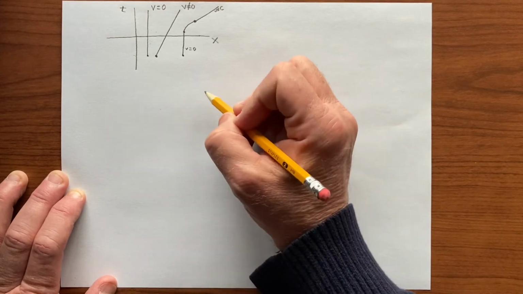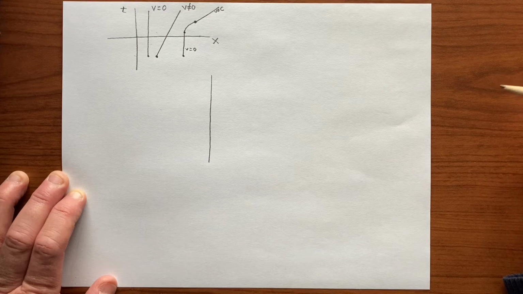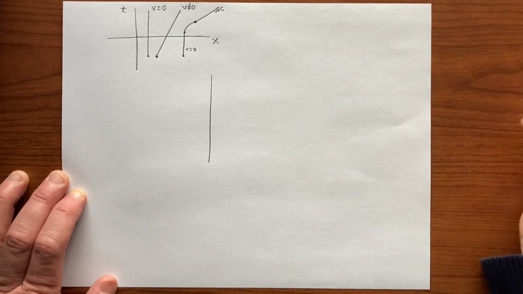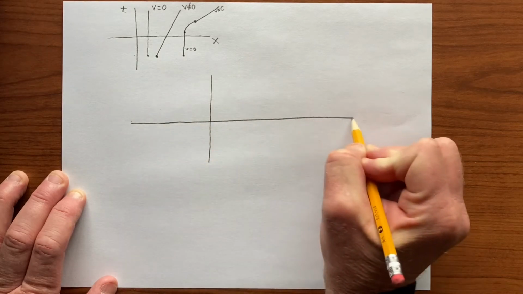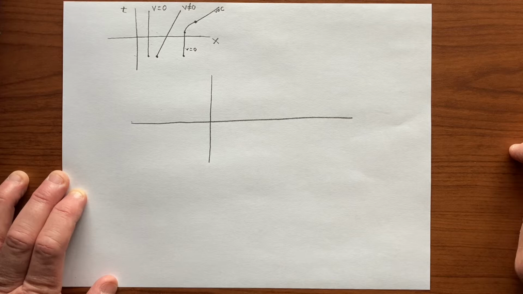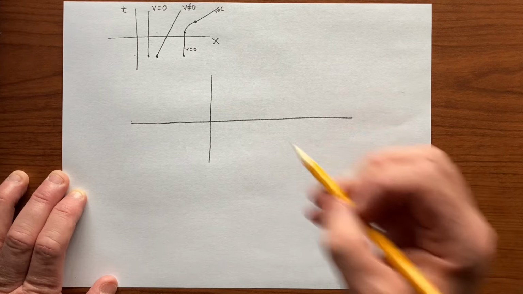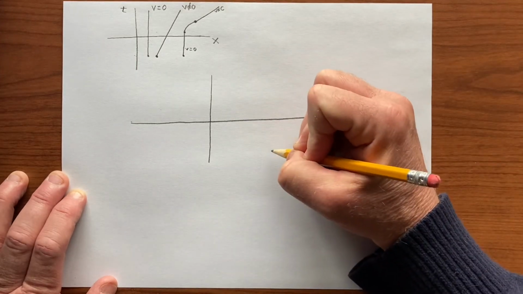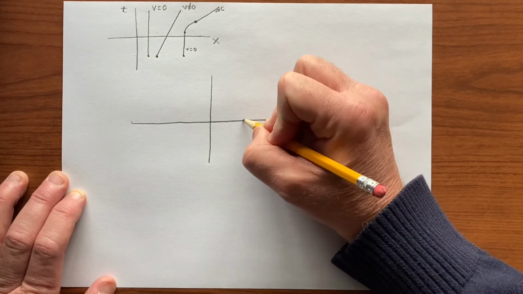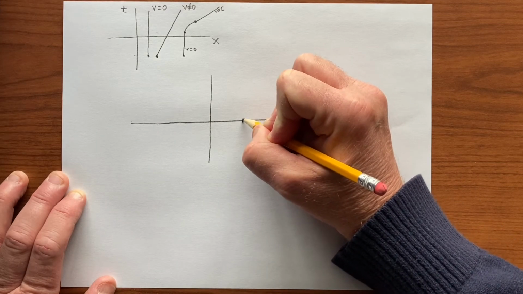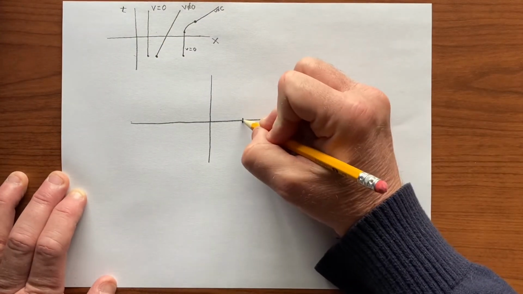Let's... not sure where I want to put the vertical axis, but let's try this. Let's see where we end up with the vertical axis. But now I want to imagine that I am momentarily in this situation with 0 speed, and I start to accelerate.